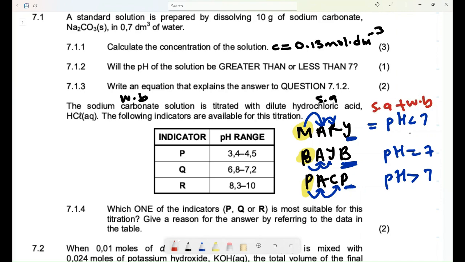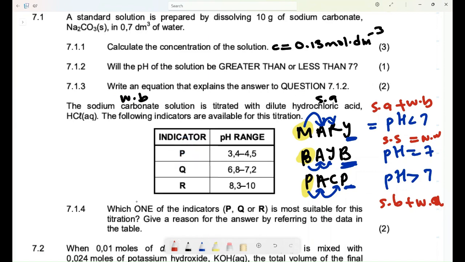Remember, a solution that is less than 7 is acidic, right? Then here it is strong, or weak both. So for pH that is greater than 7, it should be a strong base rather than a weak acid. Now, which one should we use here? Weak base and a strong acid. So it means the acid will dominate, meaning the pH should be less than 7.